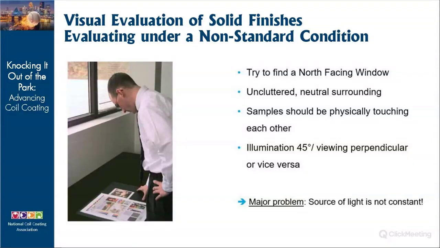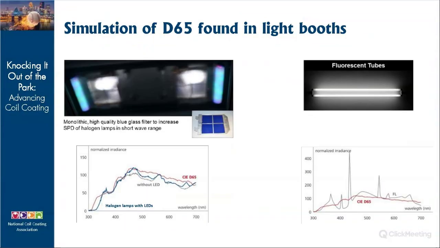The problem with this is your light source is going to be different every single day. So the way around that is to look for some type of a light booth, and most of the time light booths simulate D65. Traditionally, it was tungsten, filtered tungsten halogen. So you have a tungsten halogen light source, you have this blue filter, and that gives you a good representation of D65.